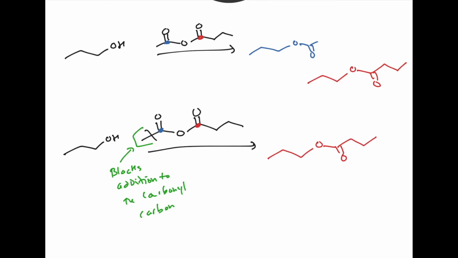I can make a mixed anhydride and just make sure I use a big group on the one side to make sure I only add to the one carbonyl carbon that I want, right? So for simple examples, your natural inclination of, just make the symmetric one, is right. But when things get more complicated and your acid becomes more valuable, you don't want to throw half of it away every time you do the reaction.